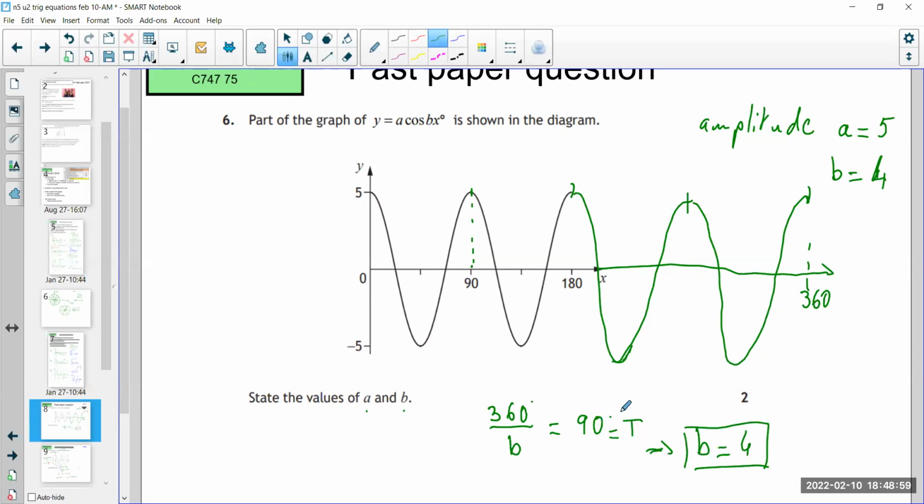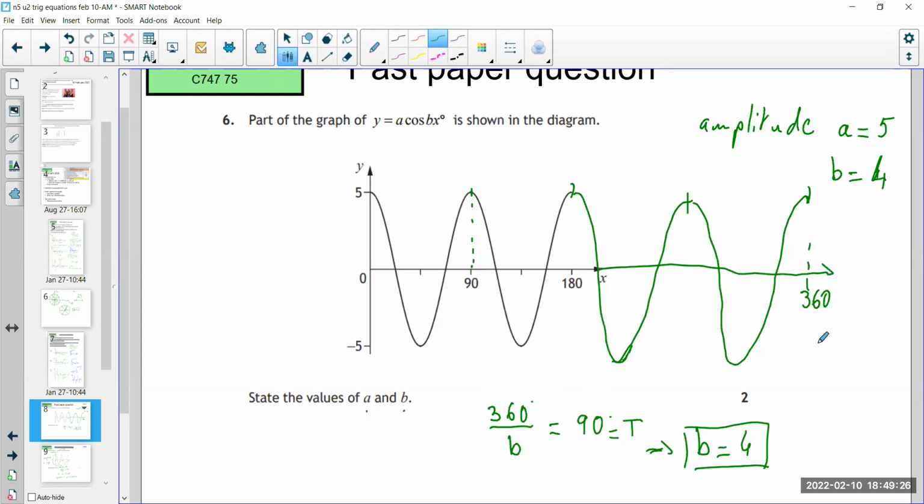But if you couldn't remember this formula, I would rather remember how many times it repeats itself within 360. To me, that's easier to remember than having to remember that I need to do 360 divided by B and write what the period is. That has got more to remember than trying to see how many times I can fit it within 360.